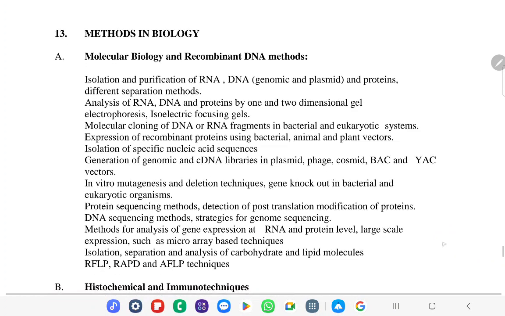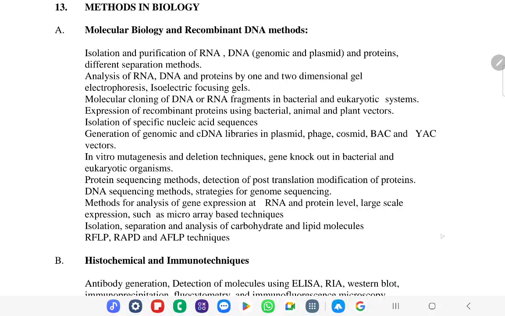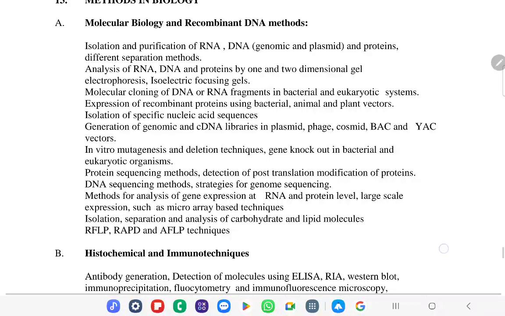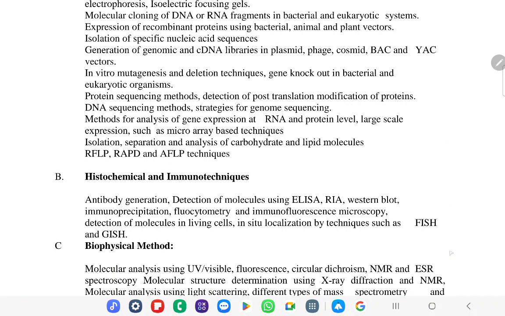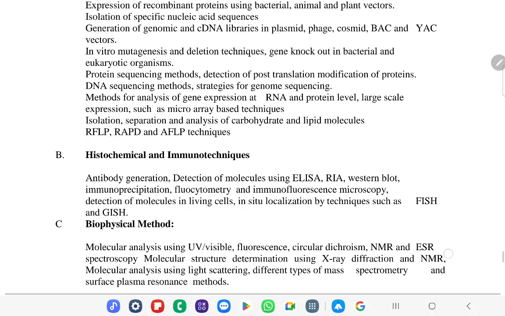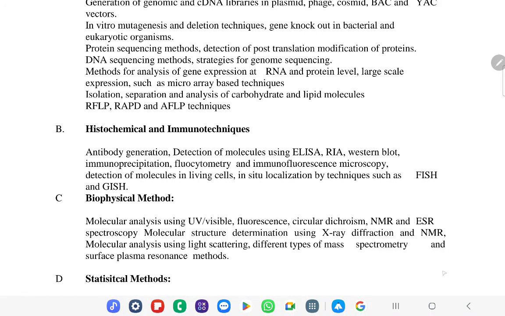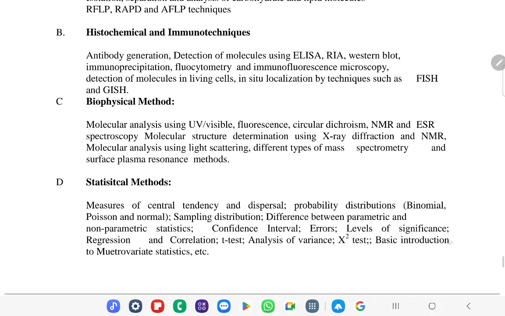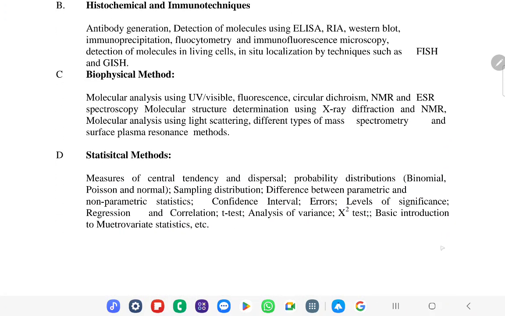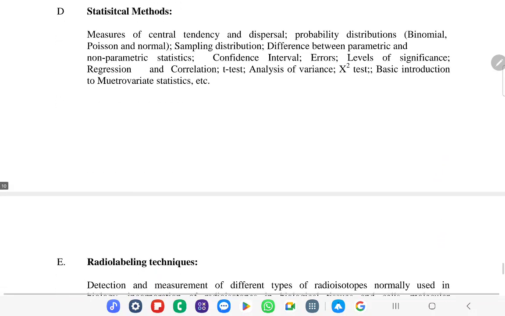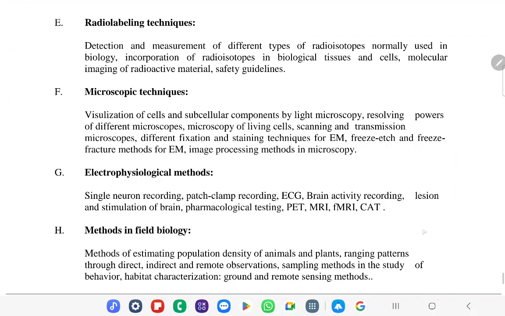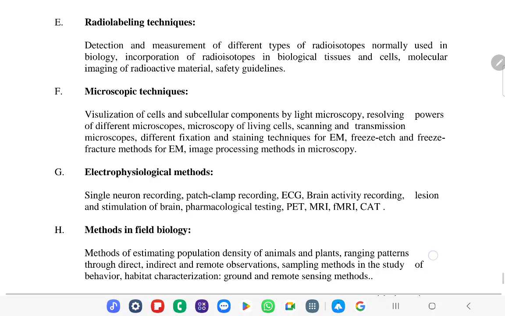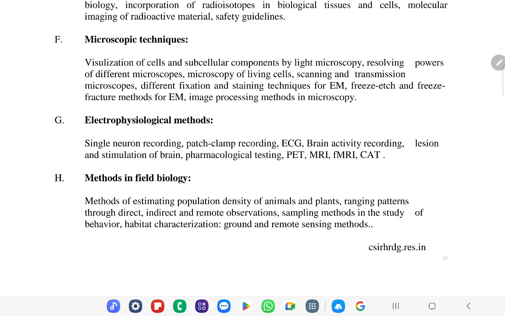And the 13th unit is methods in biology. What are the methods in biology? Molecular biology and recombinant DNA methods, histochemical and immunotechniques, biophysical methods, statistical methods for biomolecules, radiolabeling techniques, microscopic techniques, electrophysiological methods, and methods in field biology.